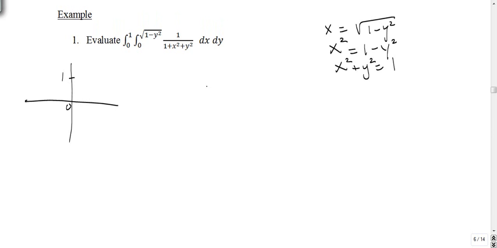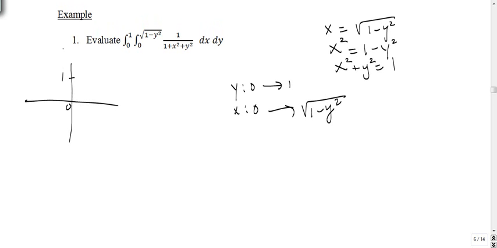Let me just write that. Y limits go from 0 to 1, and x limits go from 0 to square root of 1 minus y squared. We have already established that this represents a part of the circle. But is it the whole circle? That's what we need to ask ourselves. X goes from 0.